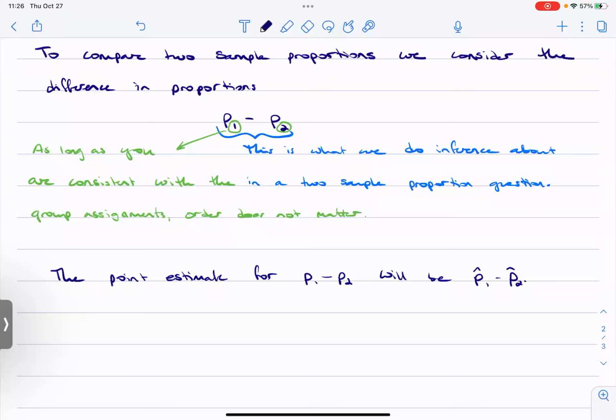So that means that we're going to need the standard error of this point estimate. All right. So that's the next thing that we need. But in order to get that, we need to check our conditions.